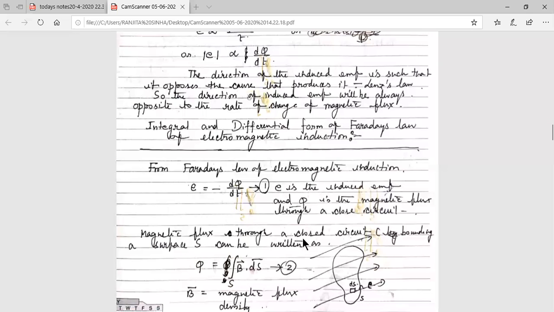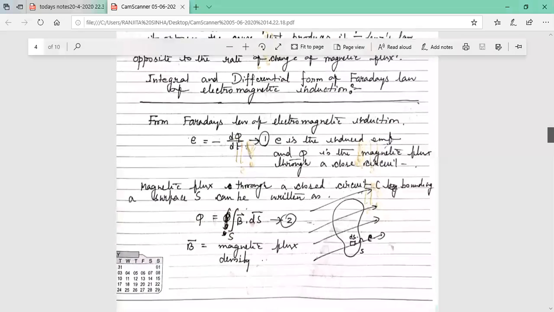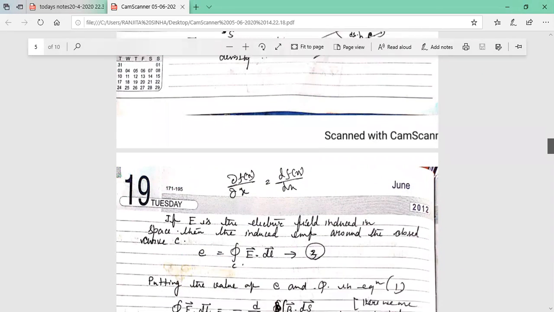Now, the magnetic flux through a closed circuit bounding a surface S can be written as phi equal to the surface integral of B dot ds. This is our equation 1, this is our equation 2, and B is the magnetic flux density.